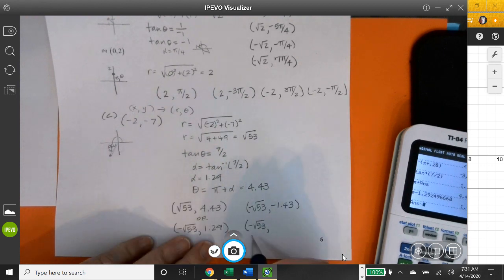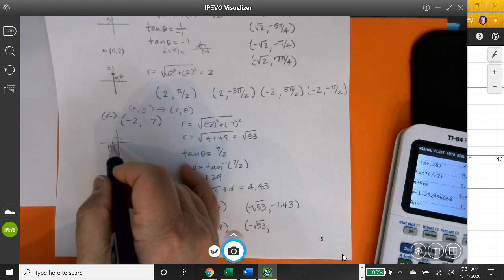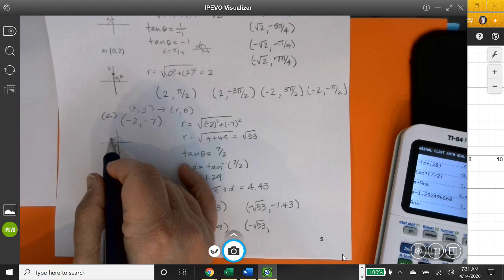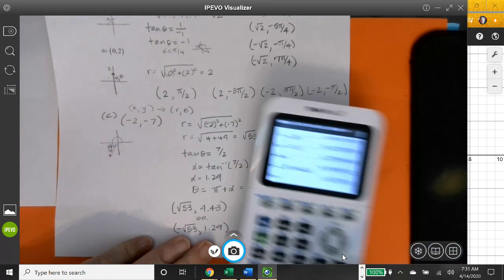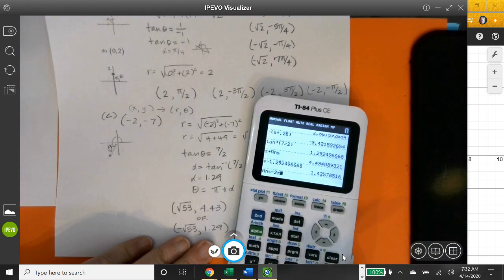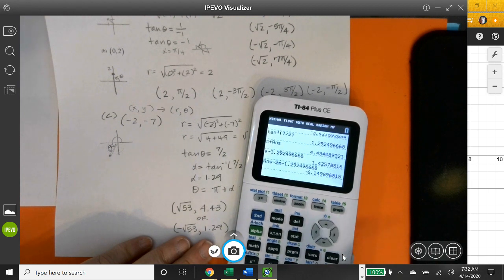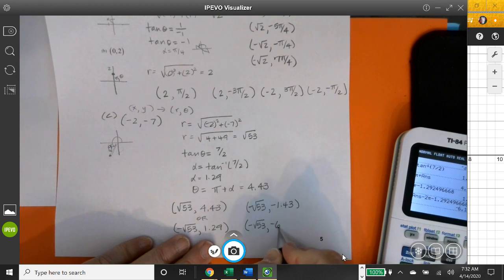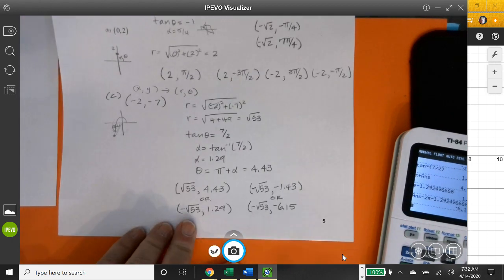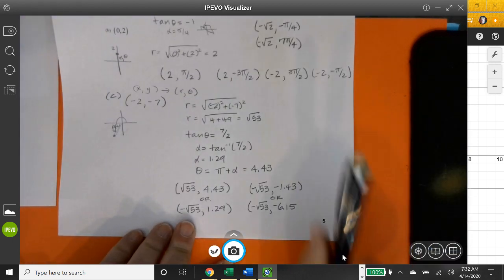So I go out radially negative root 53, and then I go clockwise, that's going to be 2 pi minus alpha. And that's negative 6.15.